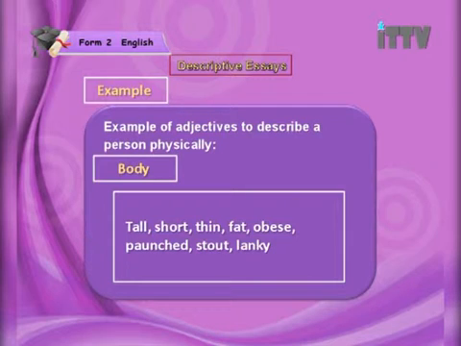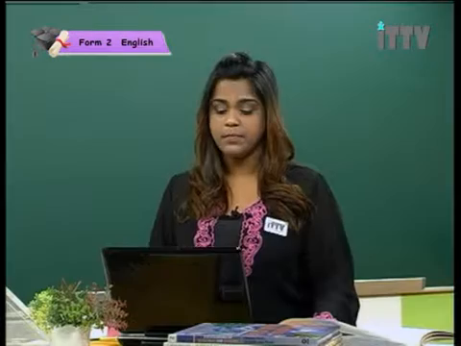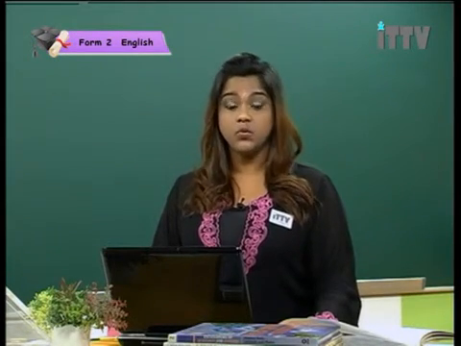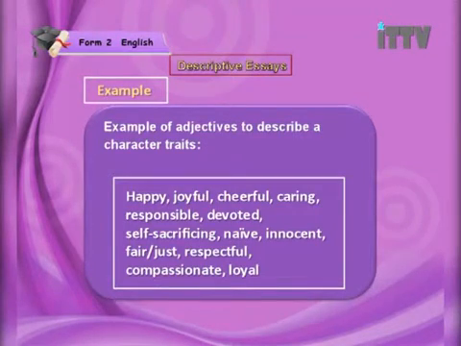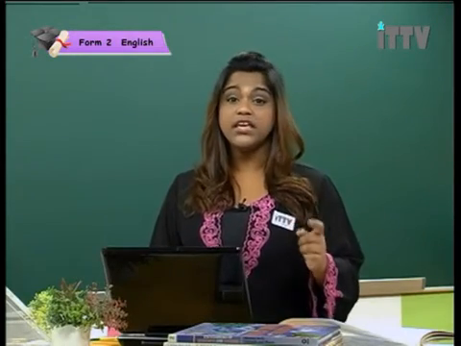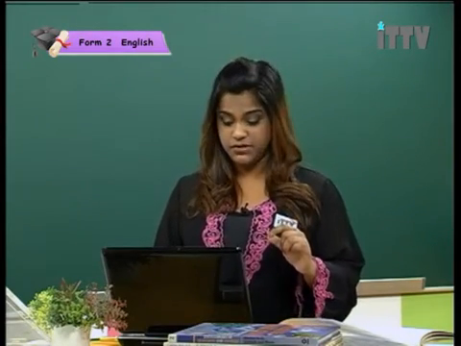Well, you could also say the person is tall, short, thin, fat, obese, paunched, stout, or lanky. Now let us look at the words that describe character traits. Students, once again, please remember, if you do not understand any of these words, please note them down and check them out in the dictionary.